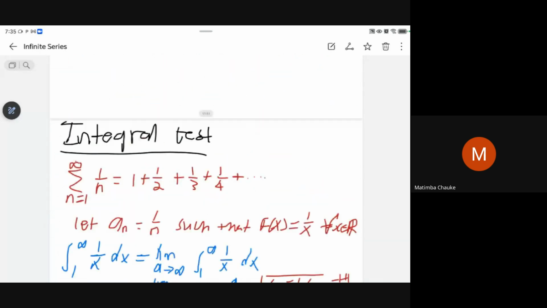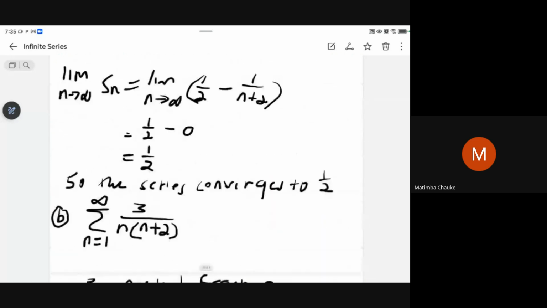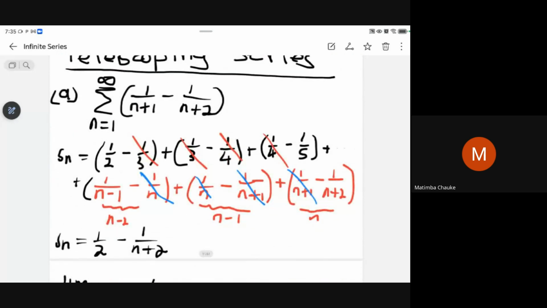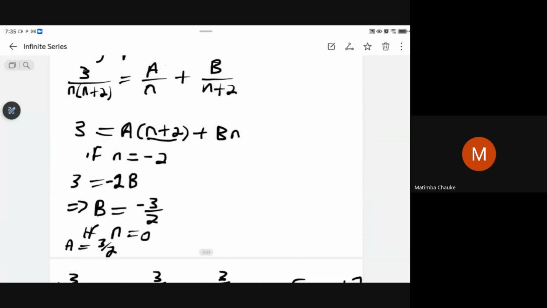I think it's somewhere up there. Yeah, I wanted to check something about telescoping. Right, so this question goes to infinity. No, I shouldn't be going to infinity. I think that it's fine even if it goes to infinity.